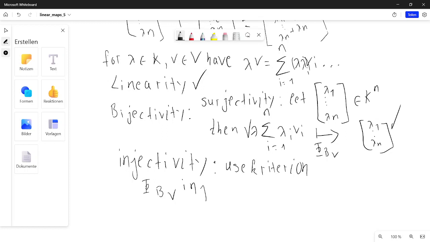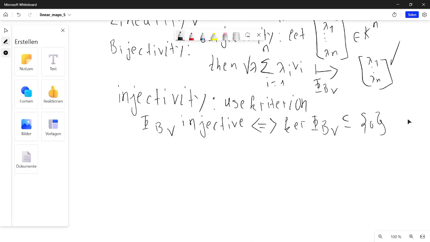Injective if the kernel of that map is actually a subset of {0} in our space V. That's obviously the case.